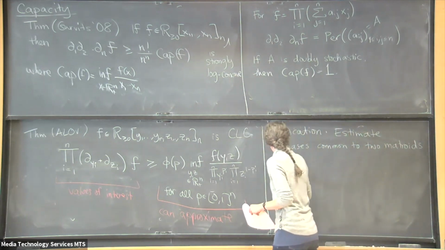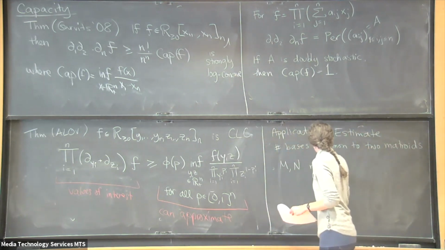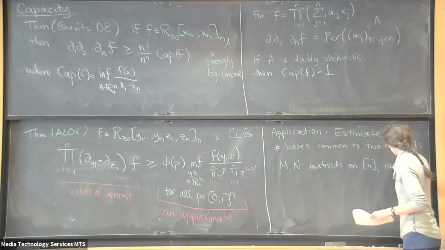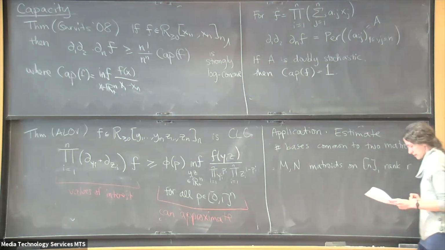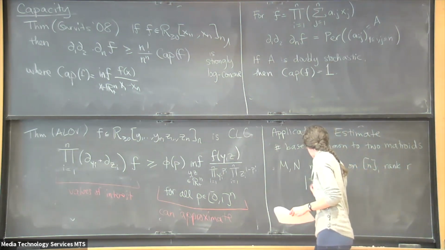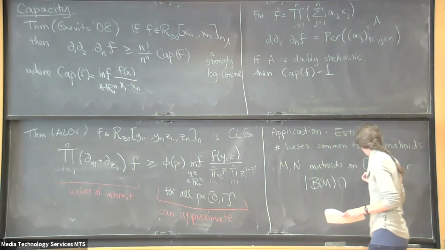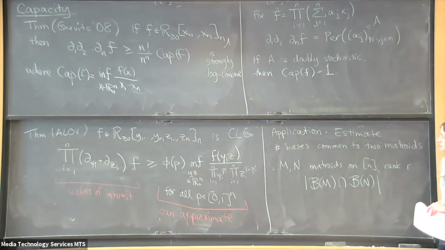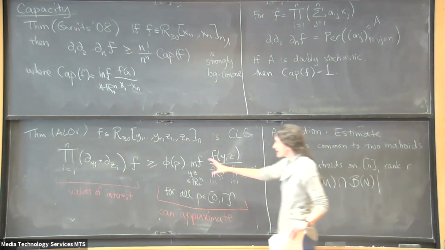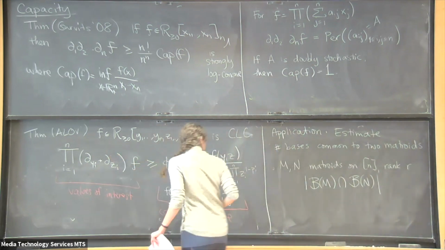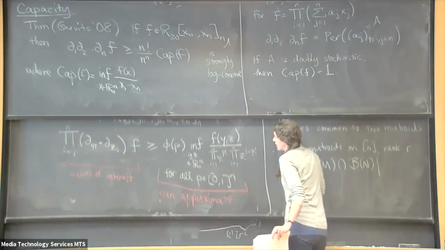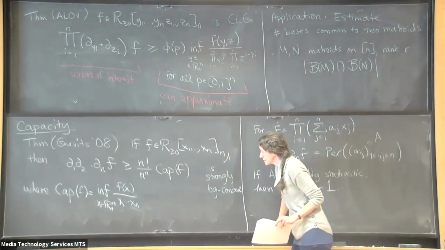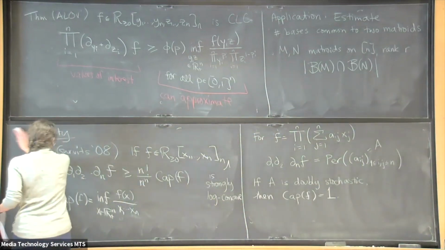So if I take two matroids, say M and N, of the same rank, I want to approximate the number of subsets of 1 through n of size r that are bases of both. I claim that I can phrase this as such a polynomial, and I think that aspect is worth seeing.